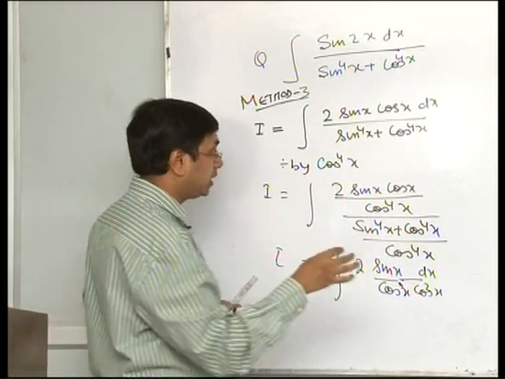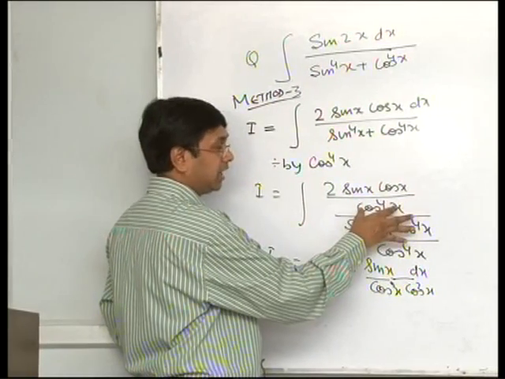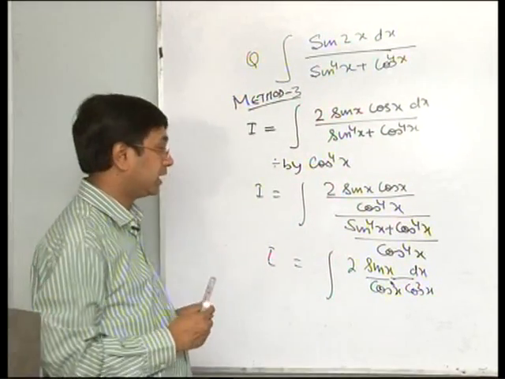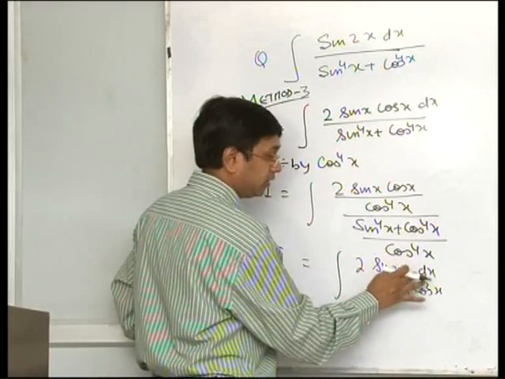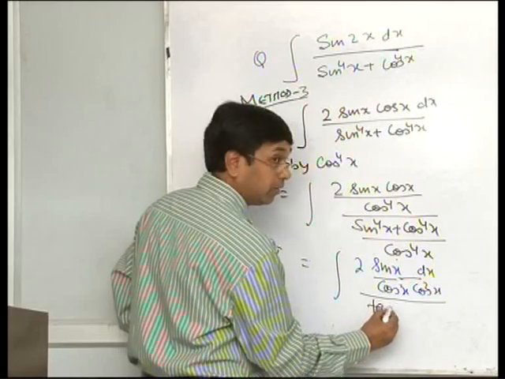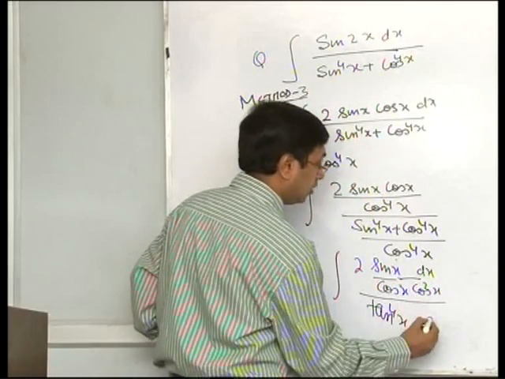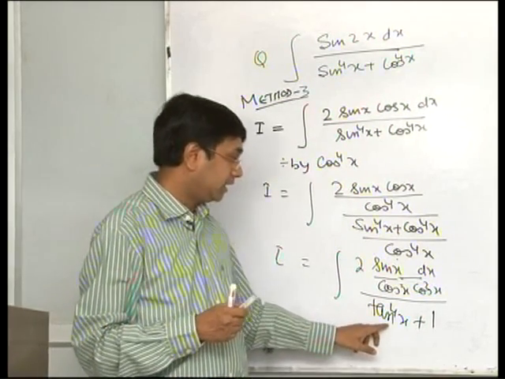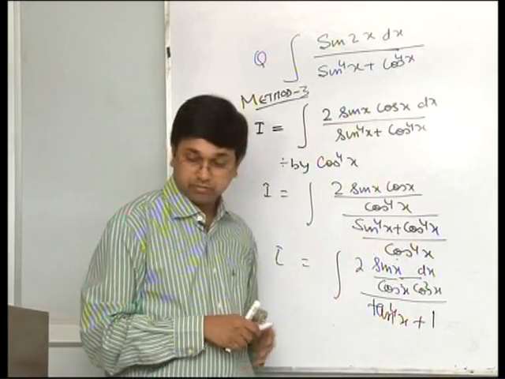So for that reason, one cos gets cancelled. There will be cos cube, and that has to be split in such a way that we get a cos square, so that we get sec square, and in the denominator you can see you have tan to the power 4x plus 1.